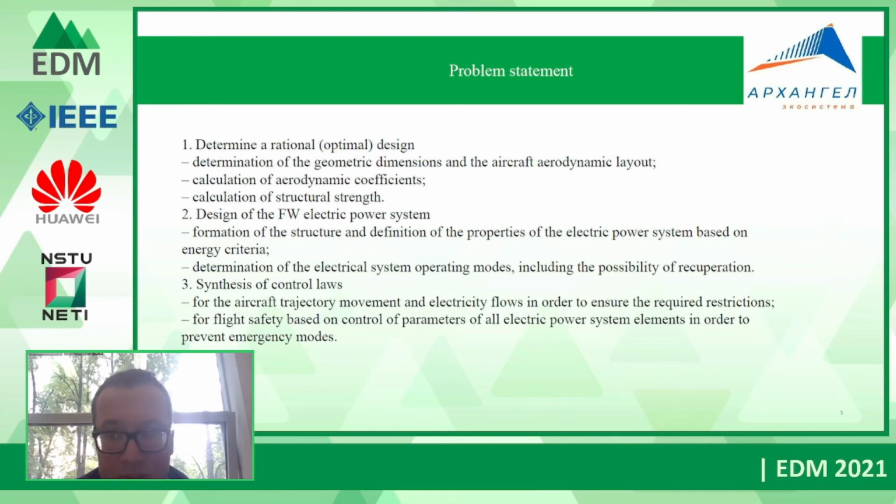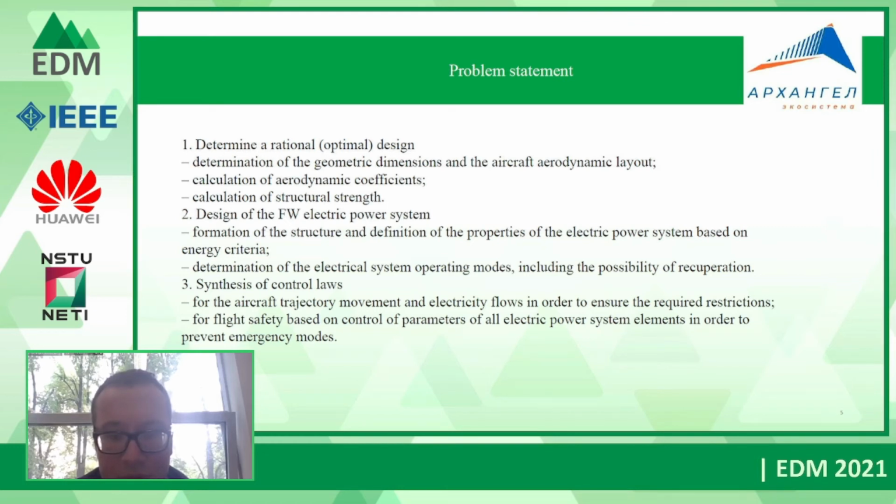When you know these coefficients, we could design the electric power system with lithium-ion batteries. We use two types of lithium-ion batteries, one for starting and landing, and the other type, cobaltate, for the cruising.